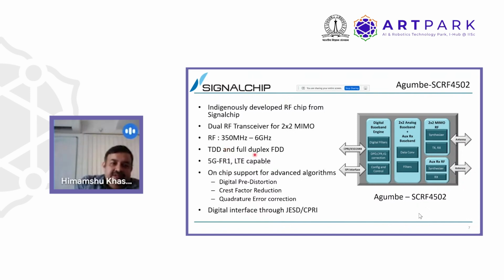Okay. And within this chip, the advanced signal processing is also put along with this, so that it takes away the burden of doing high-speed compute, which is tied to the RF system, or the RU in the 5G parlance, and you can put that on this particular side of the system.